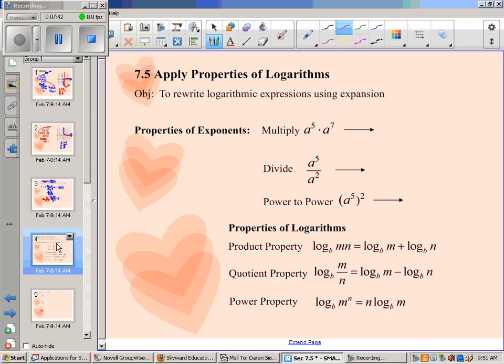So what we do today is take our properties of exponents and apply them to logarithms, and then expand and condense logarithms based on those. So remind me, what do we do when we multiply a to the 5th times a to the 7th? What do we do to our exponents? Add them.